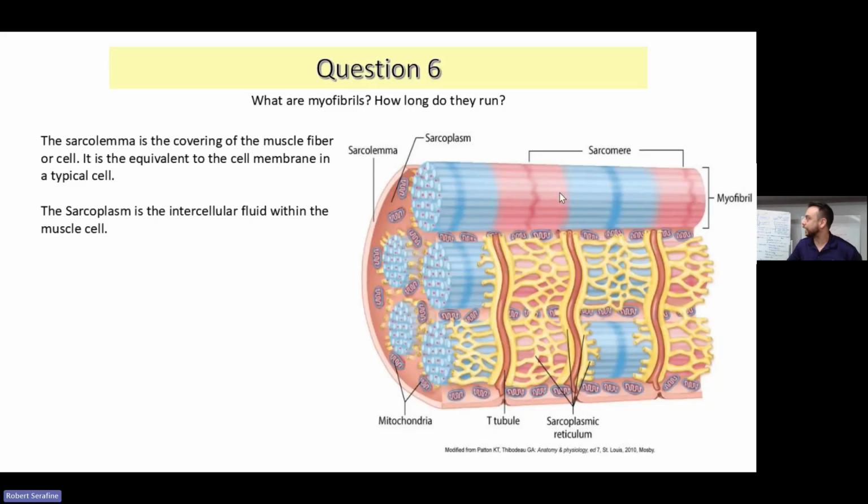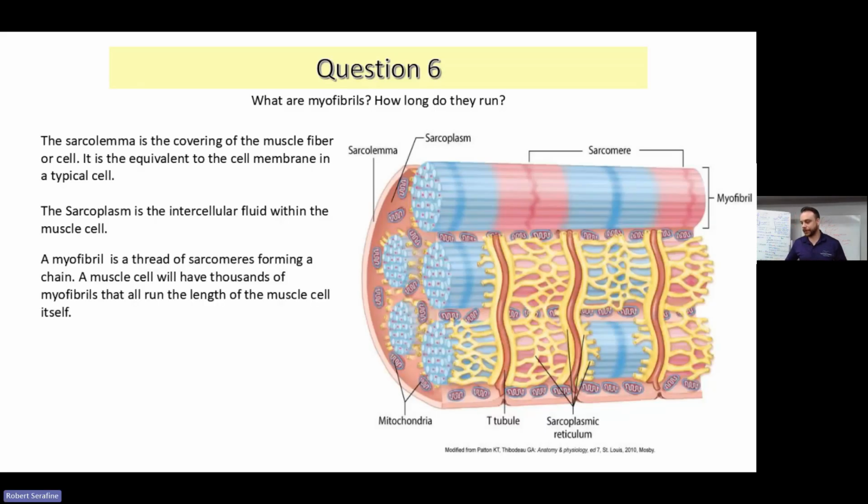That myofibril is just sarcomeres lined up one after the other. At least in this diagram, it kind of reminds me of the classic little rocket pops or push pops that you get from the freezer section. So the myofibrils are the threads of sarcomeres that form a chain and run the entire length of the muscle fiber itself.